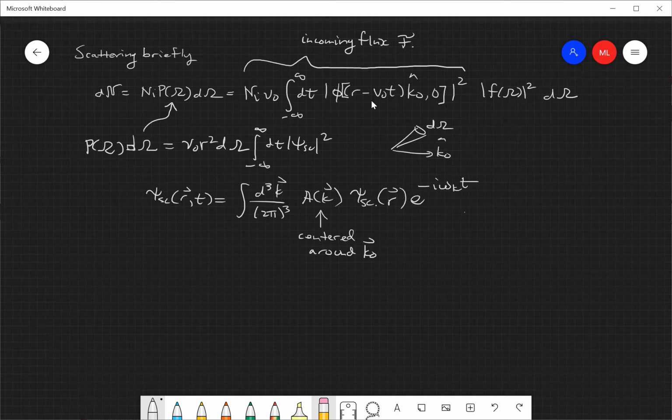But if you think about it, that's just like integrating the density over all values of this argument in here. And this thing is just the incoming flux of particles, the total number of particles times the velocity, and this is the probability associated with the incoming beam of particles.